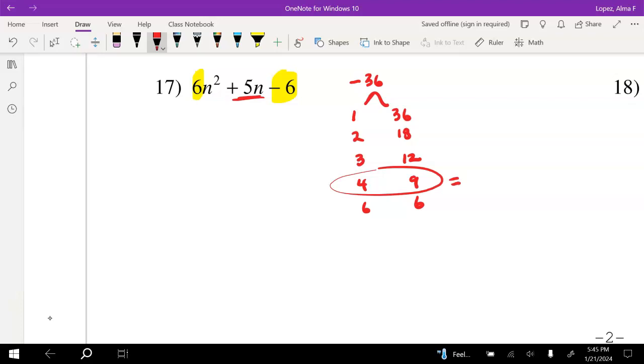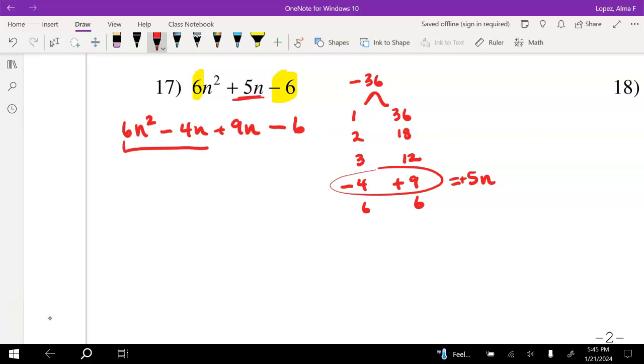I can make 5 out of that. If the 4 is negative and the 9 is positive, they do add up to a positive 5n. So let's rewrite it. That's 6n squared. I'm going to use the negative 4 and the 9 to rewrite the 5n. It's a minus 4n plus 9n, and then copy down the negative 6.